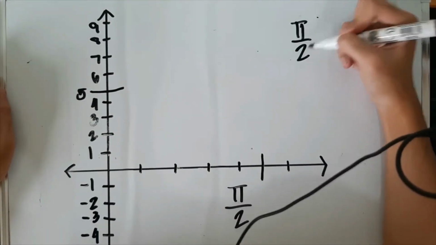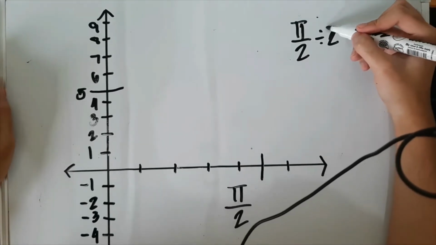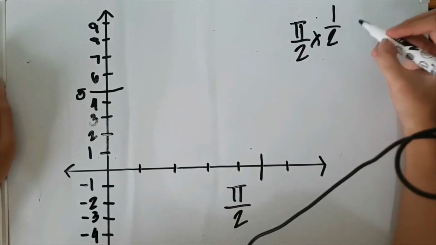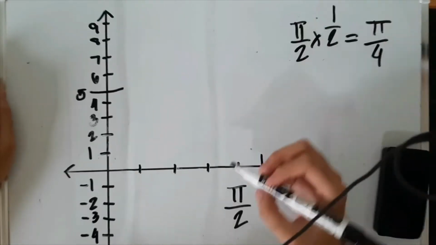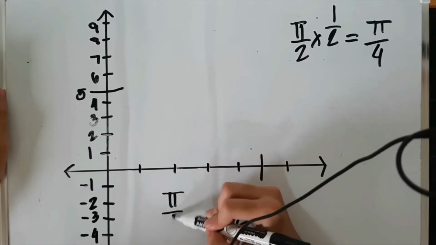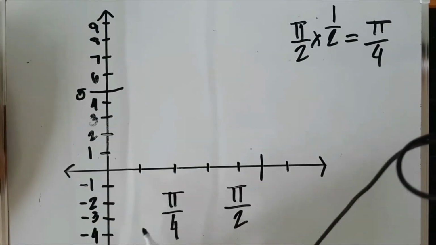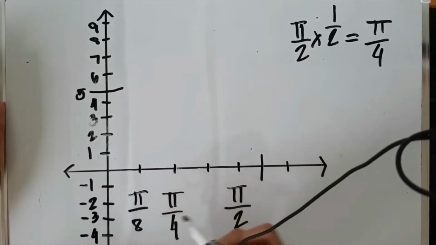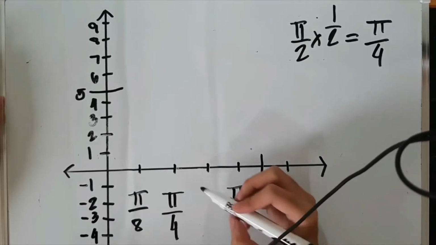Pi over 2 divided by 2 becomes pi over 2 times 1/2, which is equal to pi over 4. So that is the midpoint. The middle of pi over 4 and 0 is pi over 8, and the middle of pi over 4 and pi over 2 is 3 pi over 8.